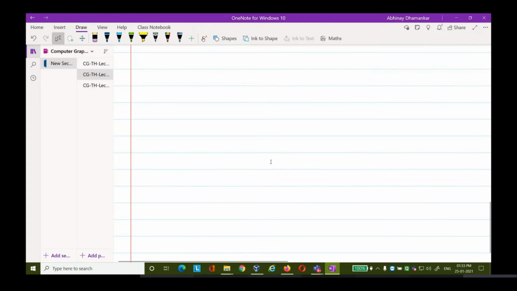Frame buffer means temporary buffer area which holds information about all pixels. Okay, I will write here frame buffer. And in turn that will be displayed onto the monitor.